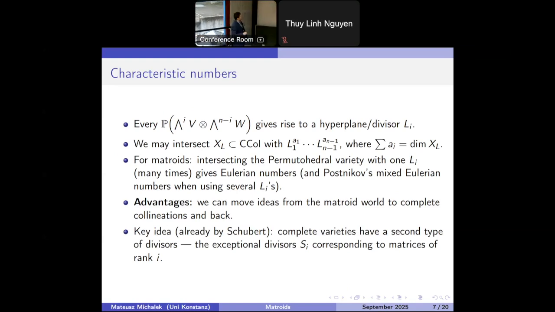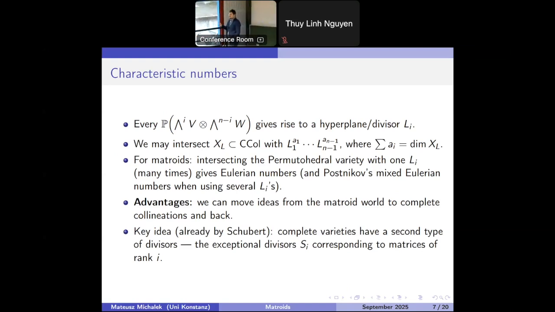And for matroids, these are called mixed matroidal Eulerian numbers. But let me just give you one very easy instance. When you happen to take all of the diagonal matrices, then you get the whole permutahedral variety. And you can ask what happens if you just intersect with one, Li, Li, Li, the same one. And these are very important numbers in combinatorics, known as Eulerian numbers.